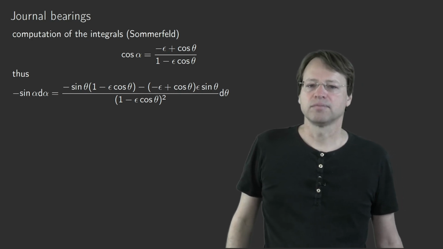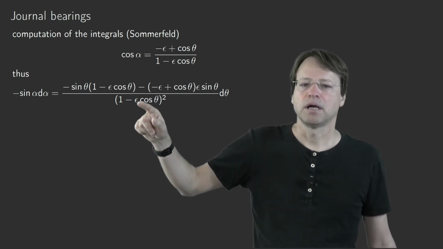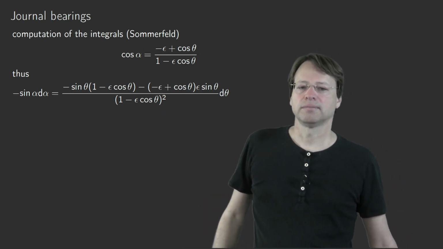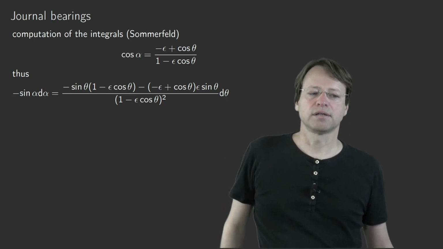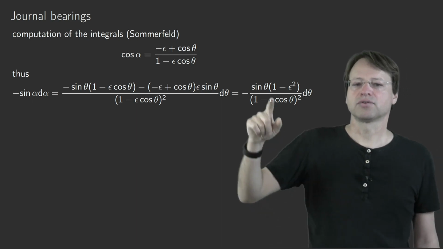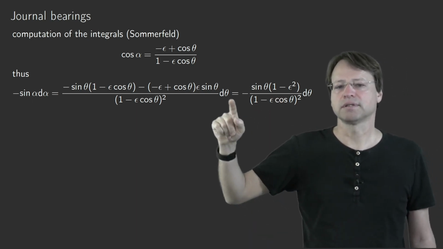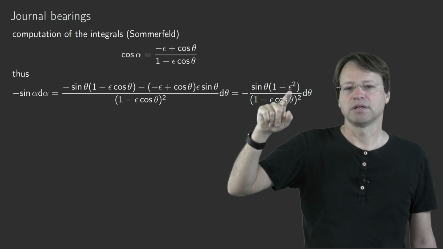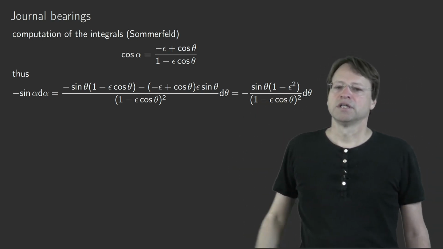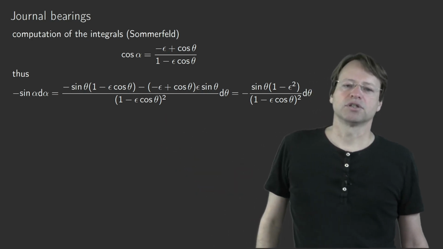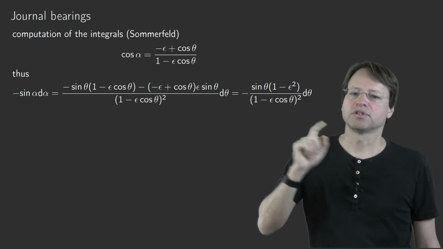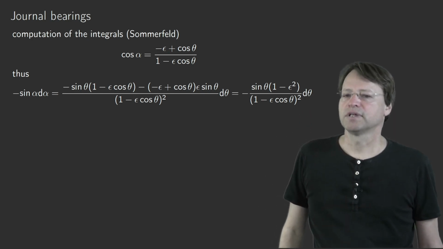And from the second term, we get minus, and minus is then plus, epsilon squared sine theta. So we can write a sine theta there, and we get as coefficients 1 minus epsilon squared with a negative sign, so epsilon squared minus 1, and 1 minus epsilon cosine theta squared, the denominator, is just copied. d theta. Okay, so this is for the substitution of the differential.